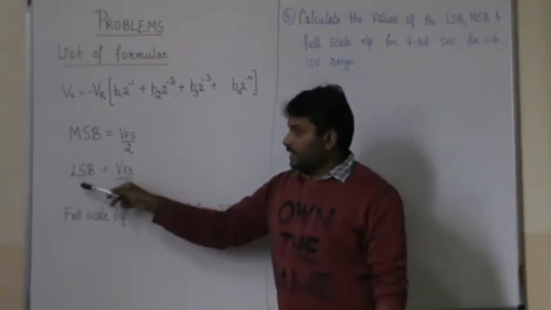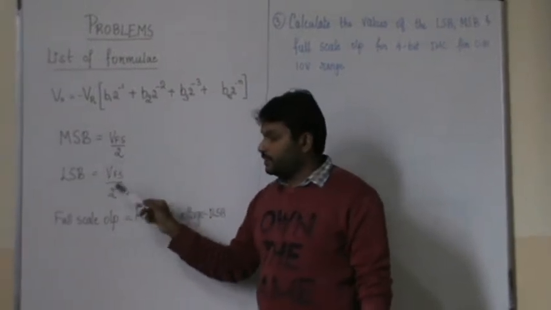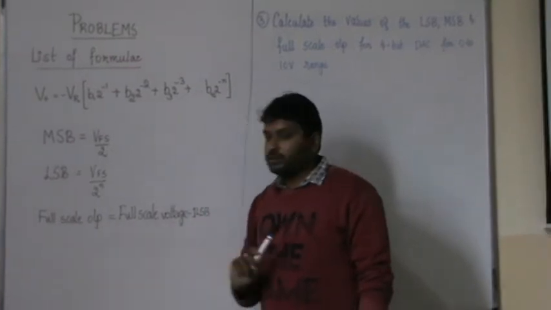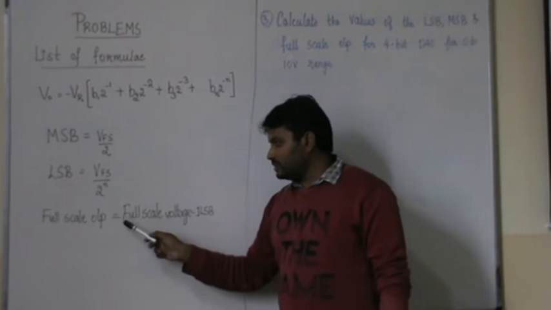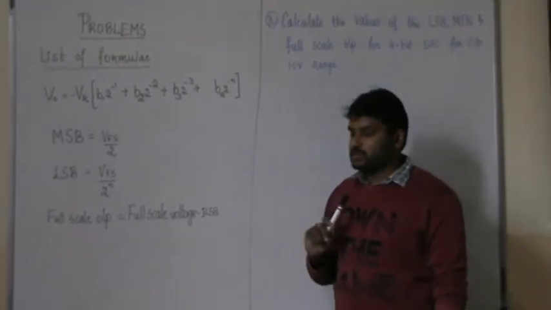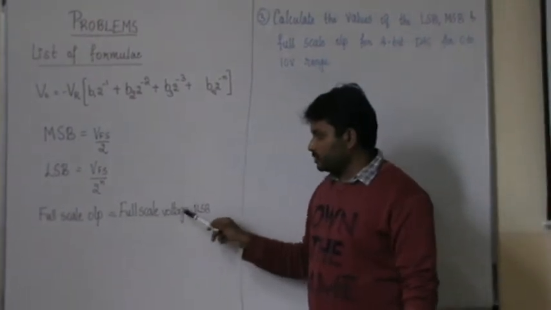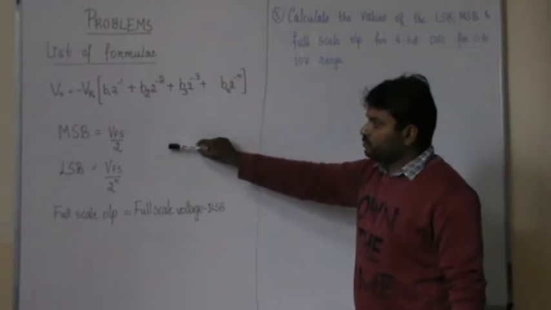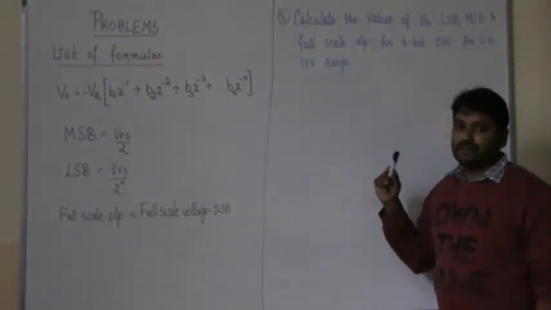Next, LSB, the least significant bit, is given by full scale voltage divided by 2 to the power of n. And the full scale output, very important, is given by full scale voltage minus 1 LSB. By making use of these four formulas, we will try to solve problems of different kinds.